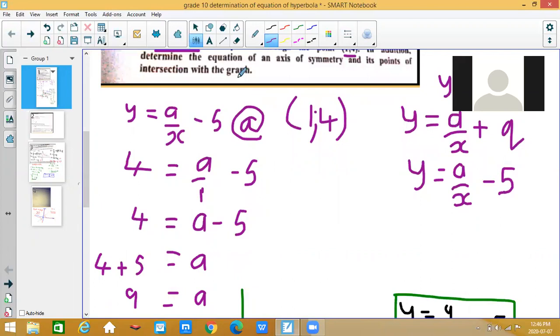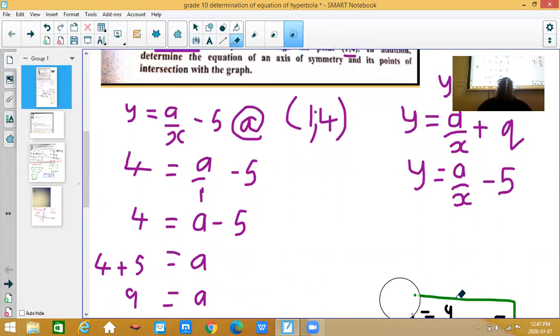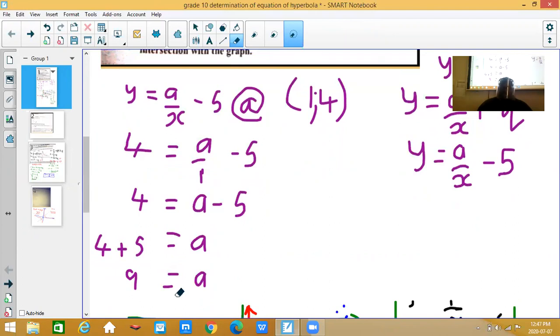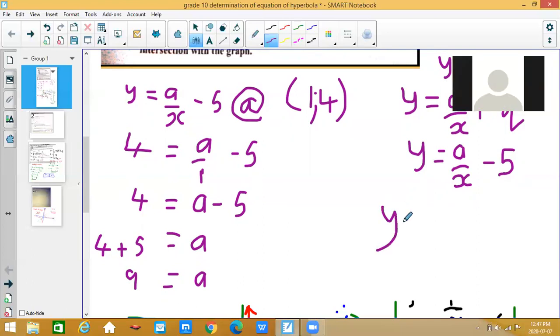Now, after getting A is equal to 9, since we've got A is equal to 9, we go on to our equation. So the equation which we are talking about, what is our A?